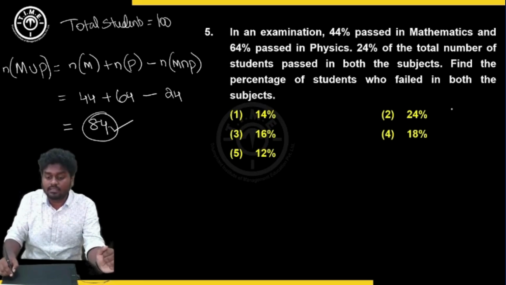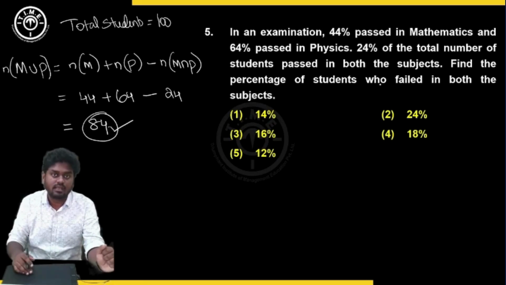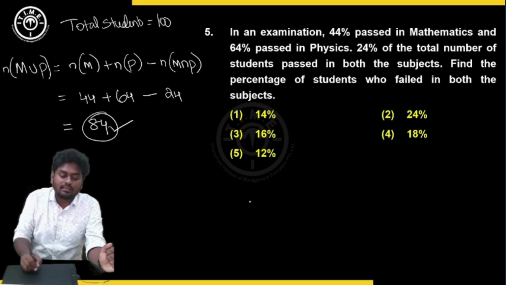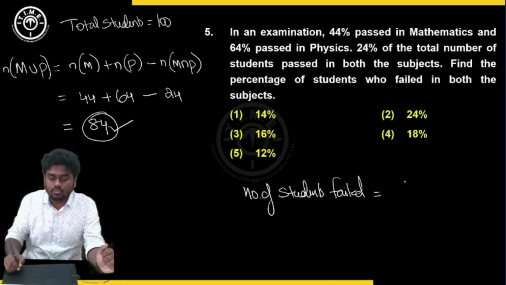But our question is, find the percentage of students who failed in both the subjects. So the number of students failed will be equal to 100 minus 84, divided by the total number of students.